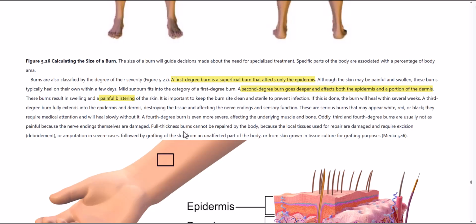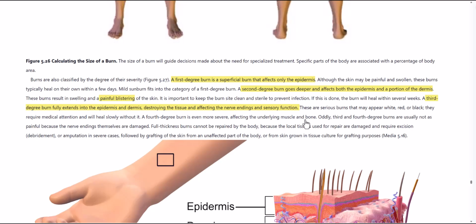A third-degree burn is going to go all the way through all of the epidermis and all of the dermis, destroying really the entire skin level. Now, these are very serious burns because you've now left the body open to infection and to fluid loss.